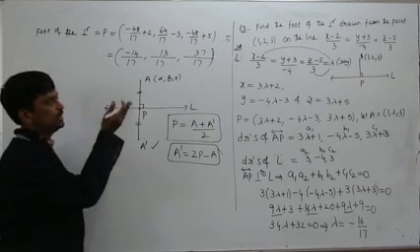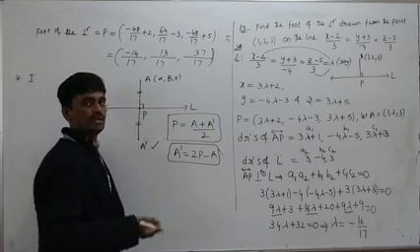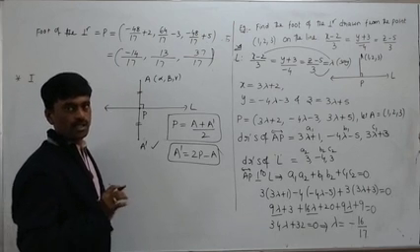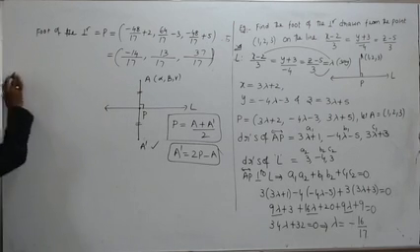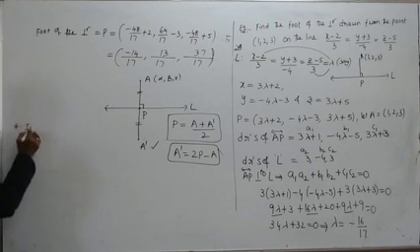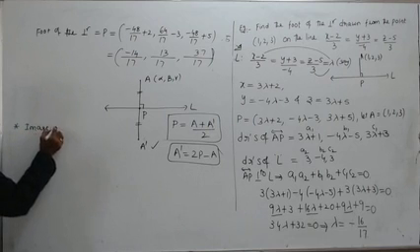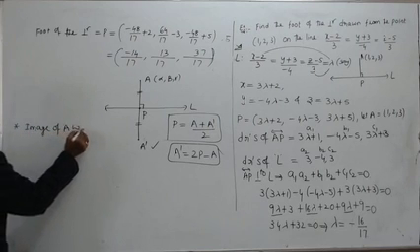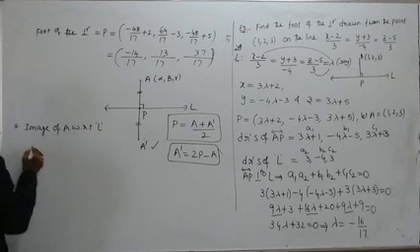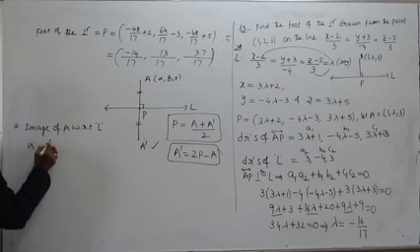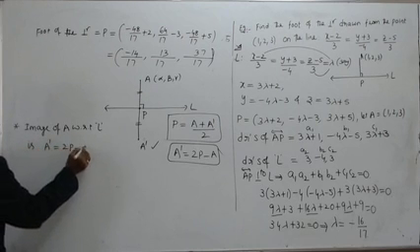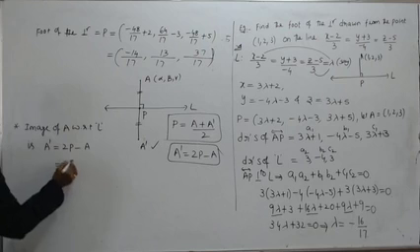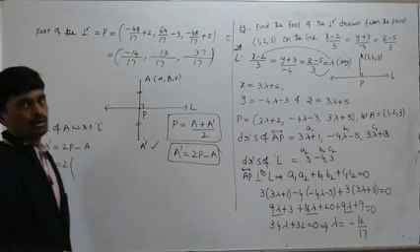Suppose in the same problem they ask for the image directly. Then the image of A with respect to the line L, A dash, is equal to what? 2P minus A. So 2 into P, where P is the foot of the perpendicular.